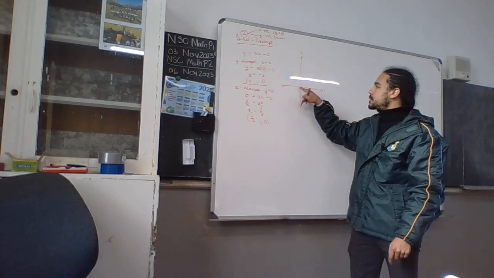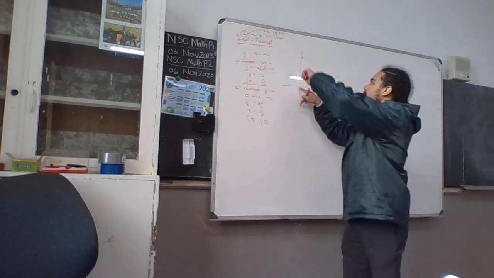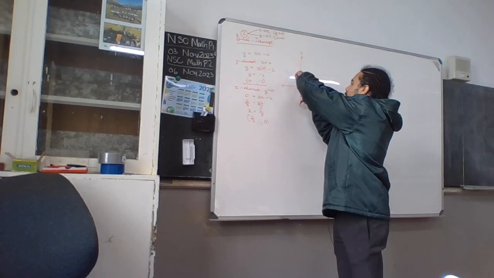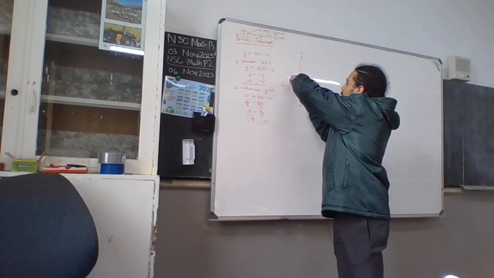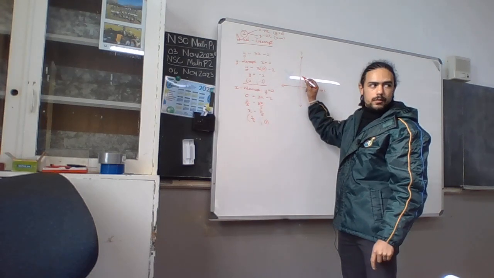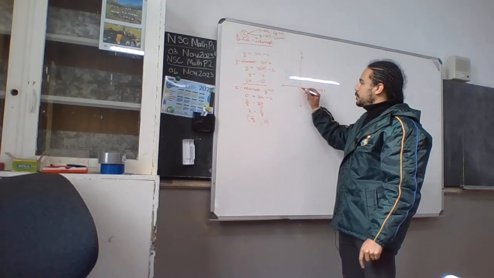Negative 2. So I go on this line, I know there x is 0 and my y should be negative 2. So if this is 1, that will be positive 2. Is it positive 2 or negative 2? It's negative 2, so it should be where?